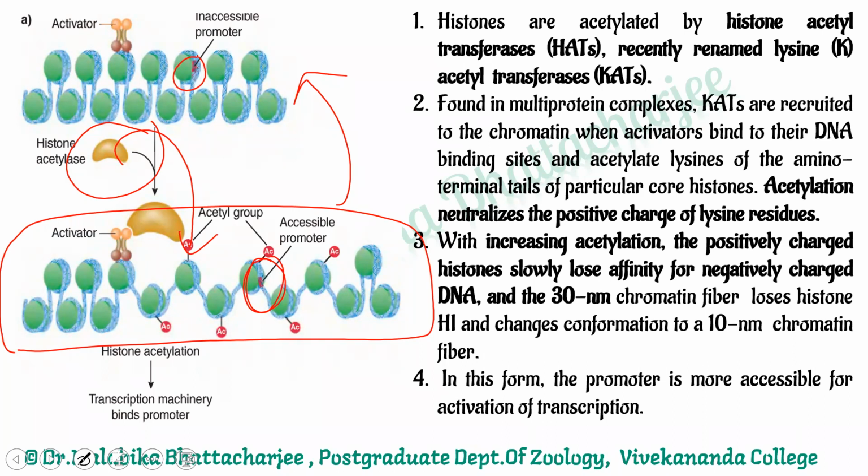To open up the DNA, histone acetylase adds acetyl groups so that the DNA opens up as a result of decrease in the electrostatic interaction between the negatively charged DNA and the positively charged histone. When you remove the acetyl groups, if you deacetylate them, then the lysine residues regain their positive charges, and can again strongly interact with the negative charges of the DNA.